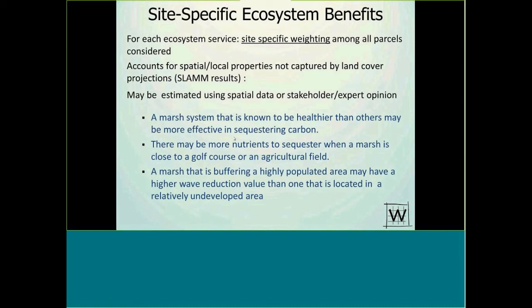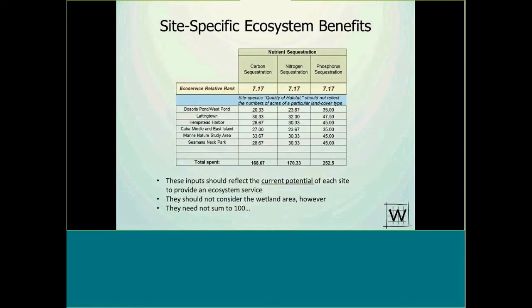For example, if you have information about marsh density, you may include that, as that would be a marsh that would potentially be more effective at sequestering carbon. Or the nutrient sequestration would be a function of whether the marsh is adjacent to a golf course or an agricultural field or development versus being adjacent to woodlands. In the tool, these are listed below, and they're relative to one another, and they need not add to 100. They get normalized by the model after.